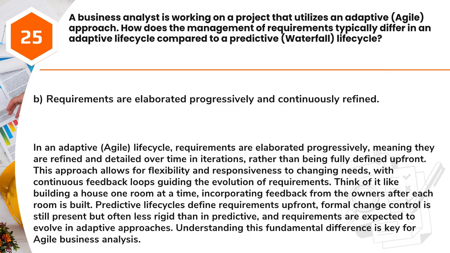Think of it like building a house one room at a time, incorporating feedback from the owners after each room is built. Predictive life cycles define requirements up front. Formal change control is still present but often less rigid than in predictive, and requirements are expected to evolve in adaptive approaches. Understanding this fundamental difference is key for agile business analysis.